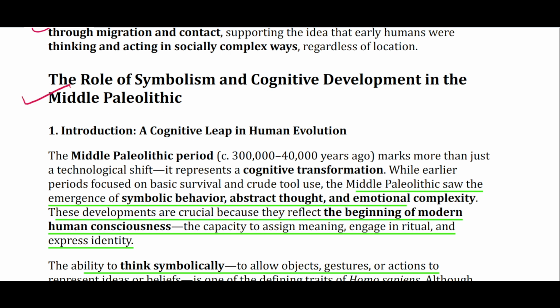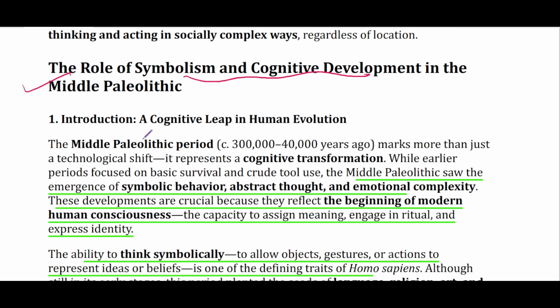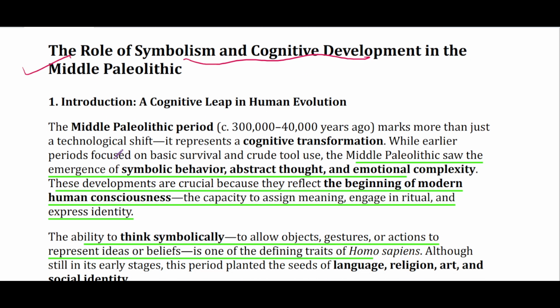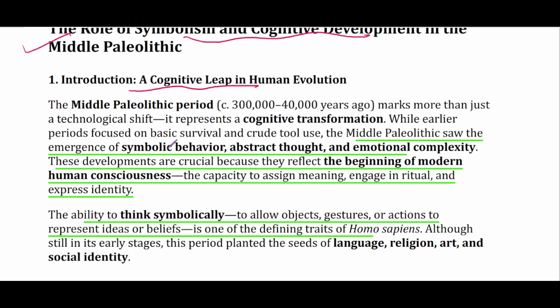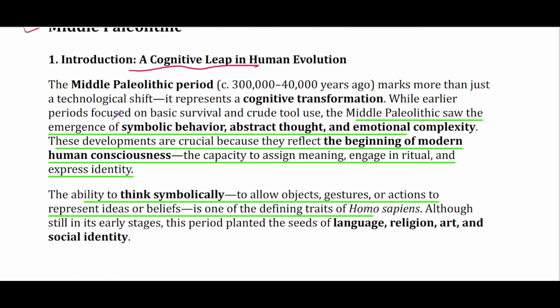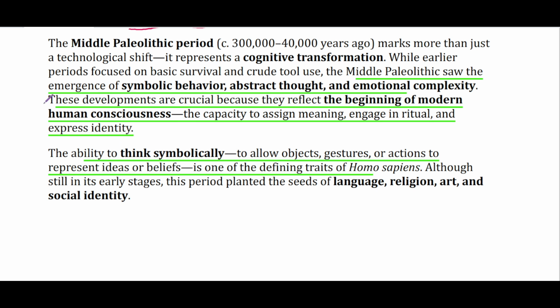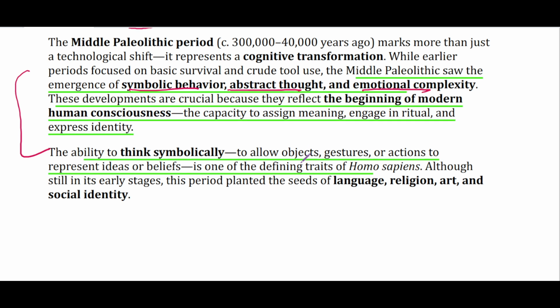Now, the role of symbolism and cognitive development in the Middle Paleolithic period, especially the cognitive leap in human evolution. So this period also saw the emergence of symbolic behavior, abstract thought, and emotional complexity.